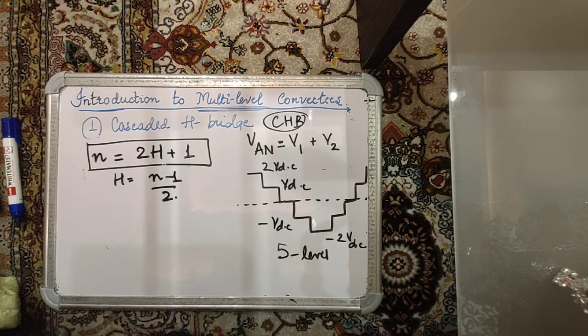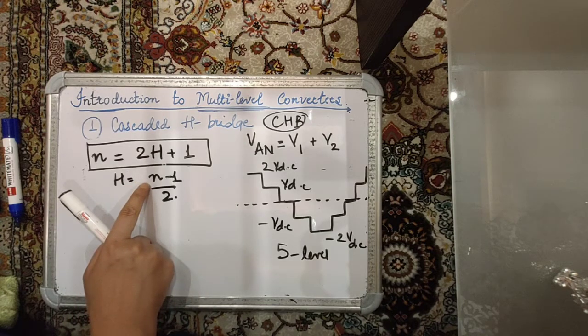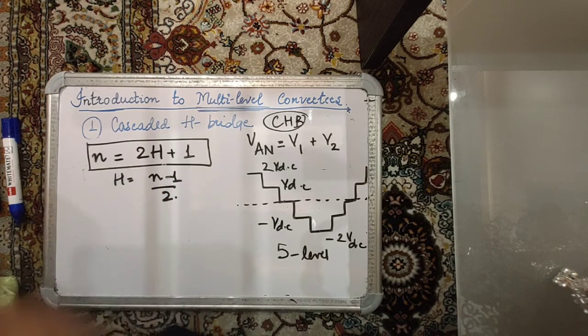You can also find out the number of devices that you need in a cascaded H bridge converter. In fact, this is the highest amongst all multi-level converters. So if you have n number of levels, you know that n minus 1 by 2 is the number of H bridges that you want per leg.